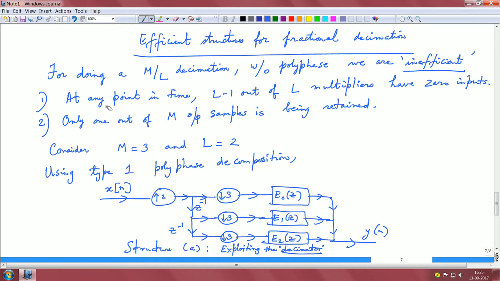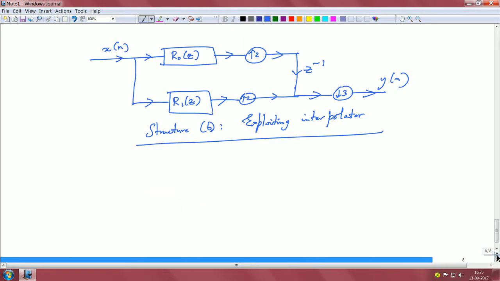You have not exploited the polyphase at the interpolation side, at the expansion side, followed by some filtering here. Similarly, one can argue that, though you exploited the interpolator here by efficient realization, you are failing here from the decimation perspective, because anyway you are throwing away 2 samples when you are downsampling by 3.